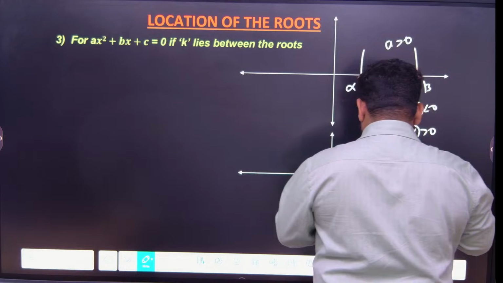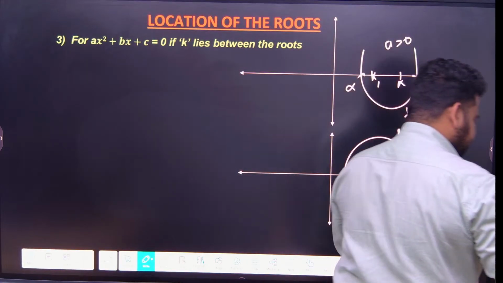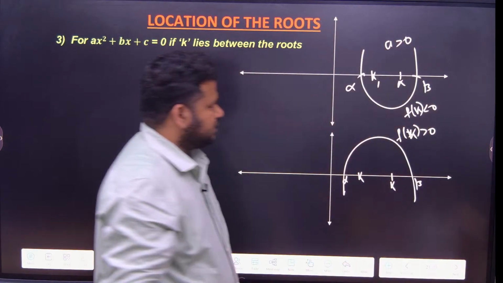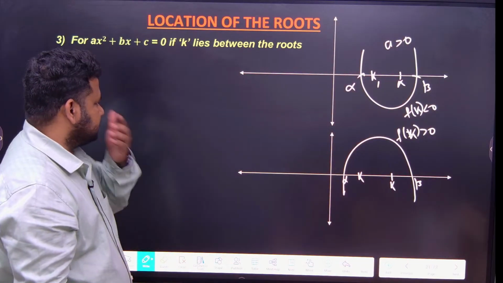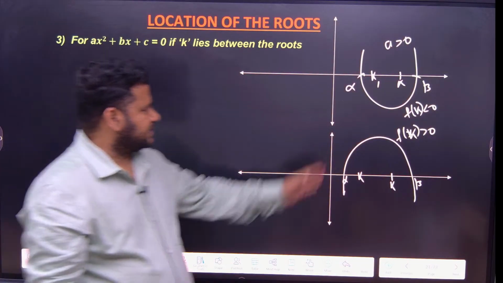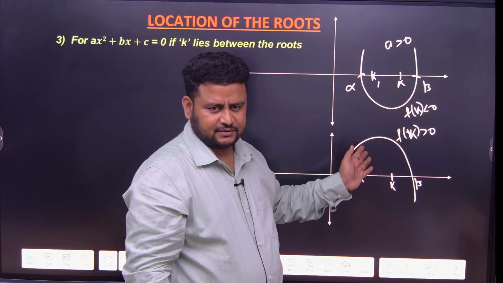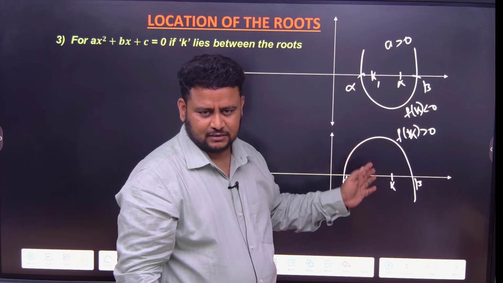Now see, when they lie between the roots, k can be anywhere. Between doesn't mean exactly in the middle, it can be anywhere.